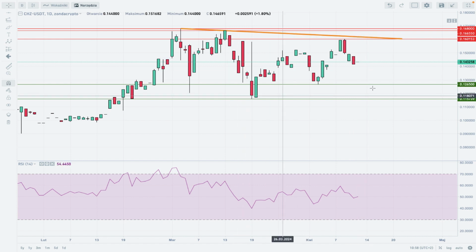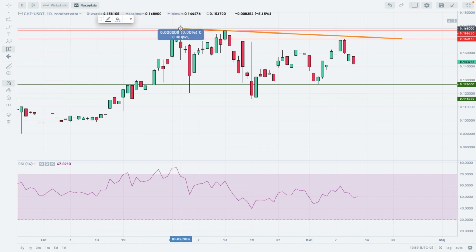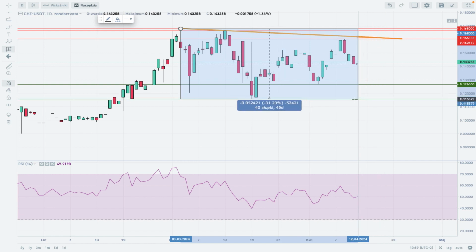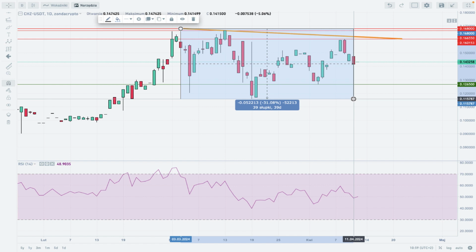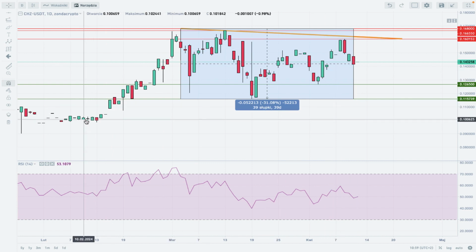So we are locked in this zone here, which is apparently, I will do this date and time together, something like 39 days long, and it's a minus 31%, which is why the Chiliz needs to move higher soon. Otherwise, this up move will be terminated, and the market might break even towards the 0.10 area again.